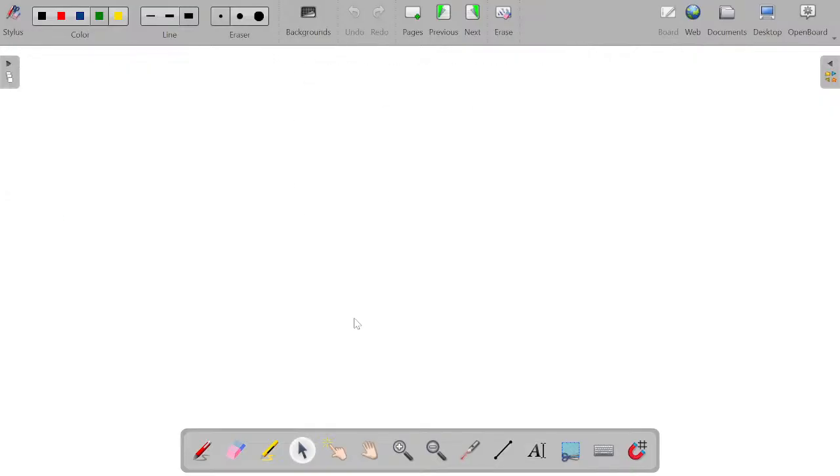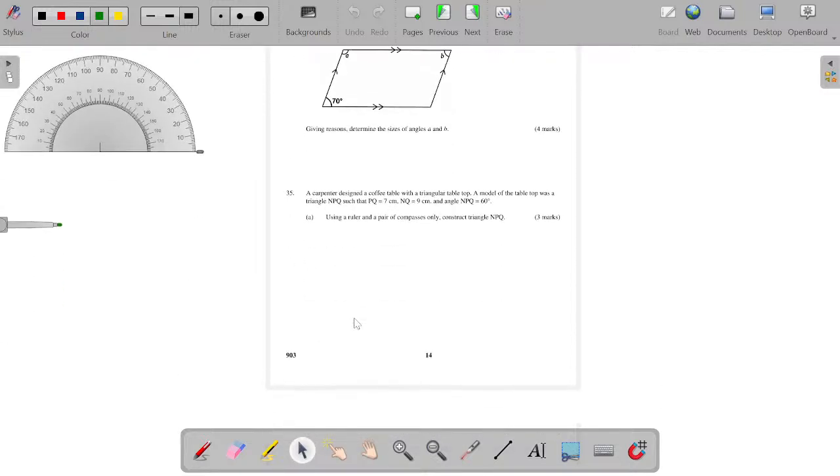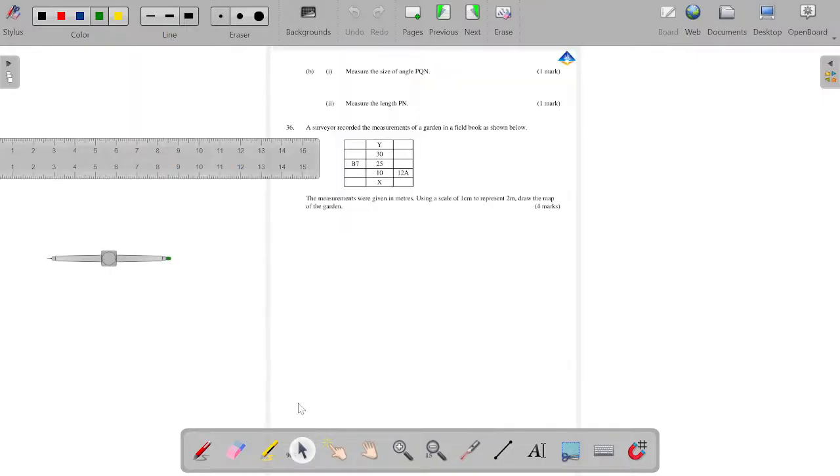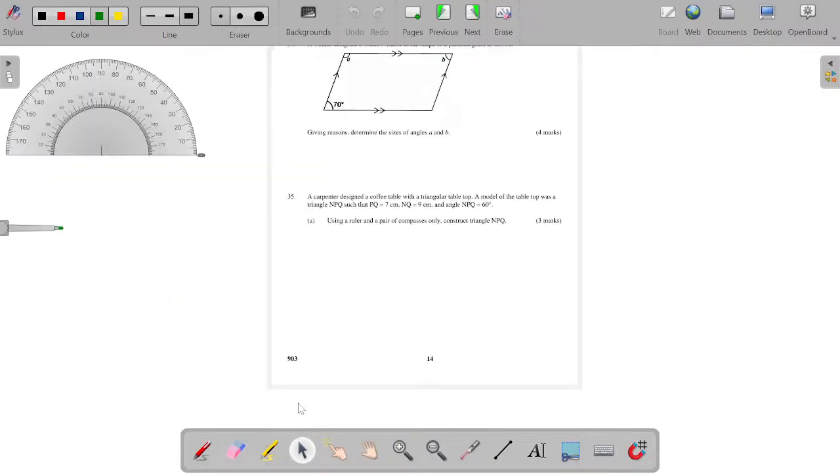Then you need to construct that. Then let's see the next part. Okay, I've seen the next part. So we can do the construction now. It's very simple, learners.